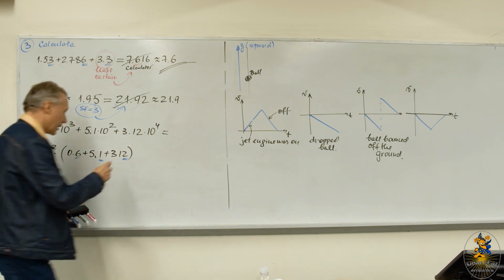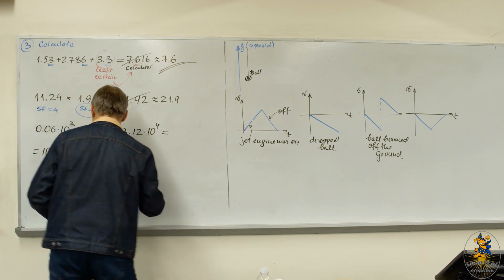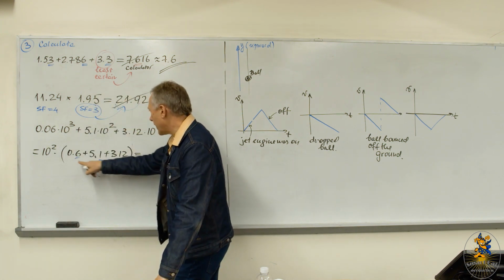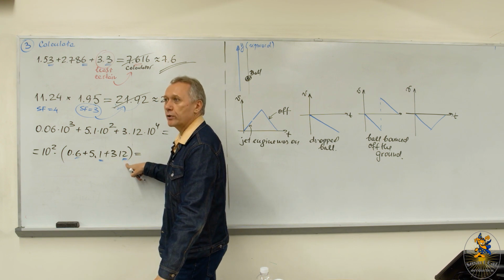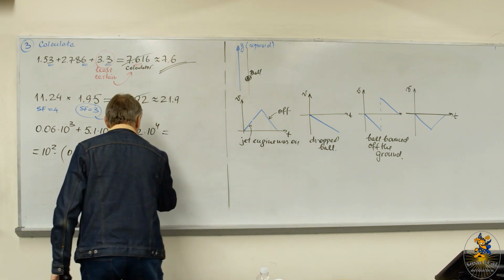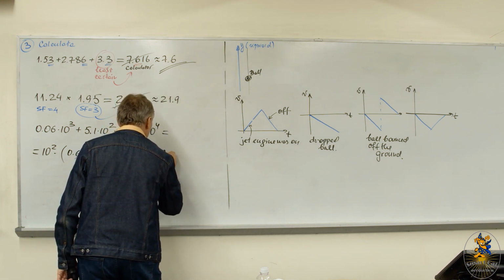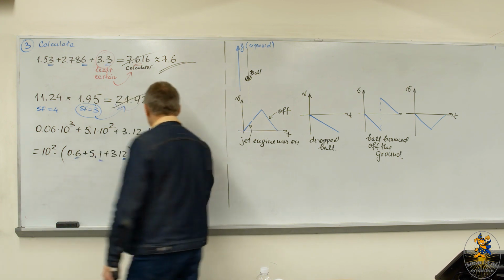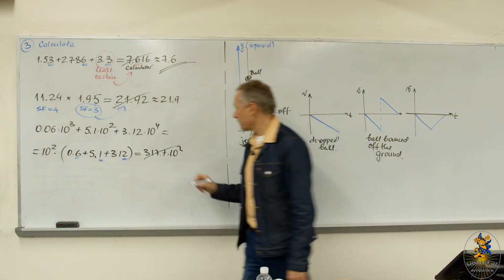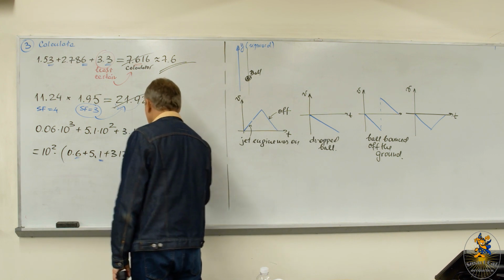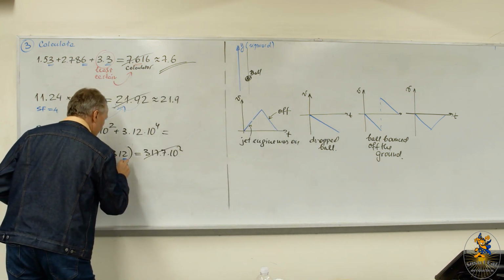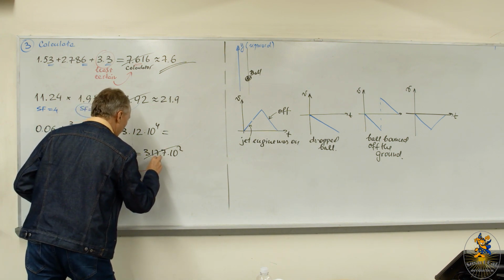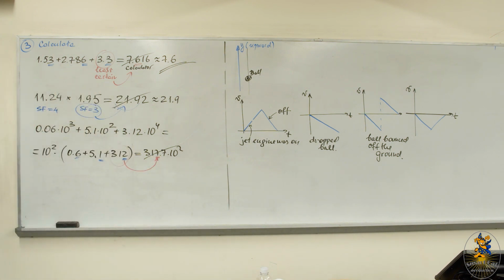Okay, let me try to add them. 317.7, right? So 317.7 times 10 to the power of 2. Of course, I will cross it out. And since this is the least certain, the level of uncertainty must be in the first digit before the decimal point.